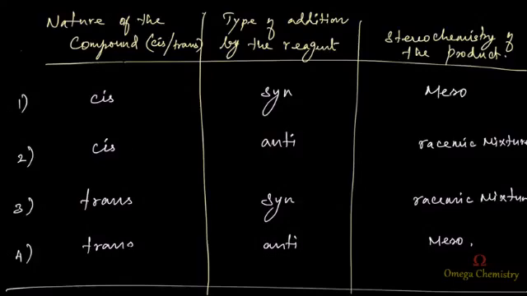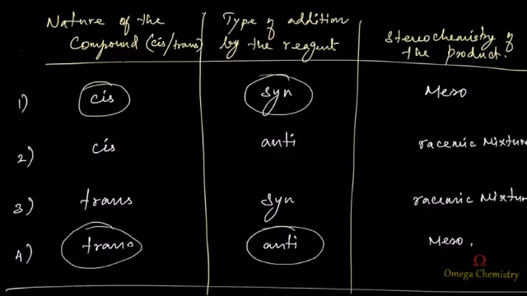So we can understand one important thing. If cis means on the same side, and syn is also on the same side, if both are same, then I will get meso. See here, trans means opposite to each other, and anti addition is also on the opposite side. So if both are opposite, then I will get meso.